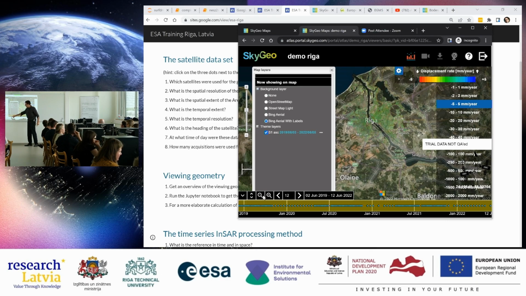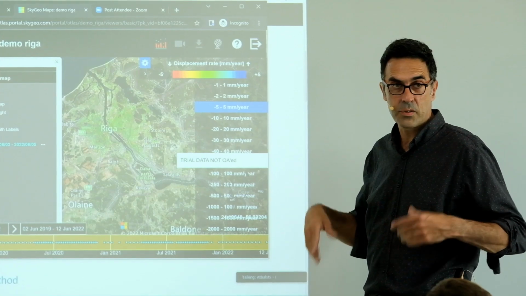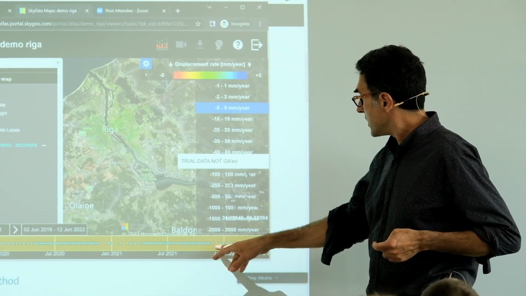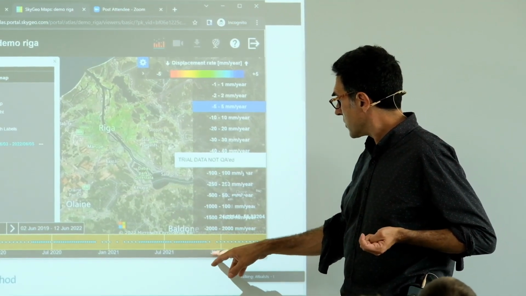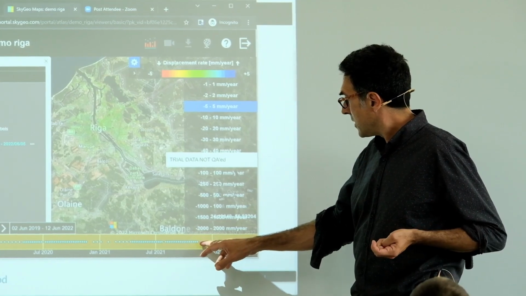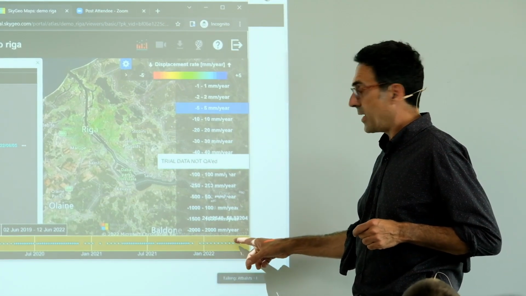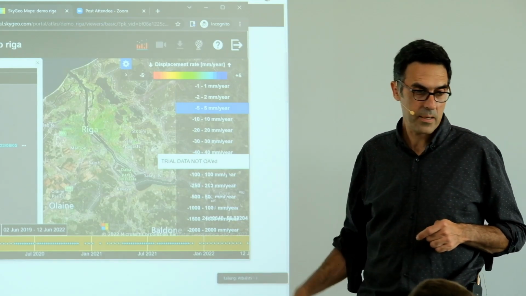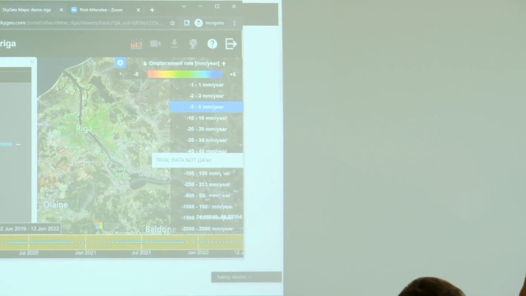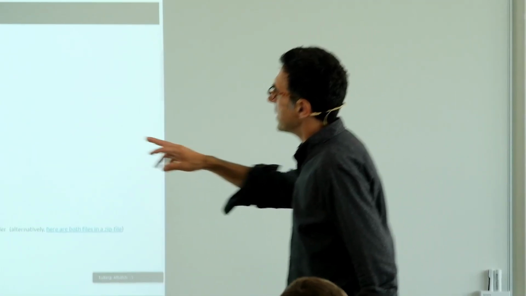So this was Sentinel-1A and 1B, and here one of the two dropped out. As some of you may know, Sentinel-1B had a problem, so it's not active anymore. Since December 2021, something like that, images are out. So here we only have Sentinel-1A and not 1B anymore. Okay, so that is the question on the satellites.